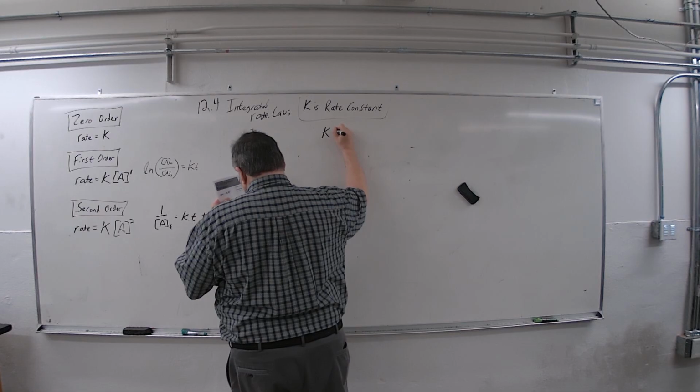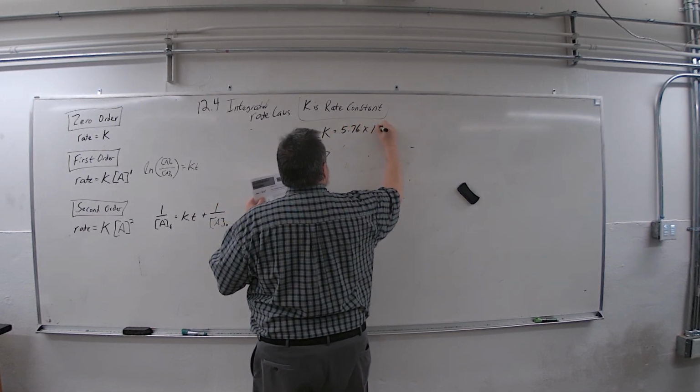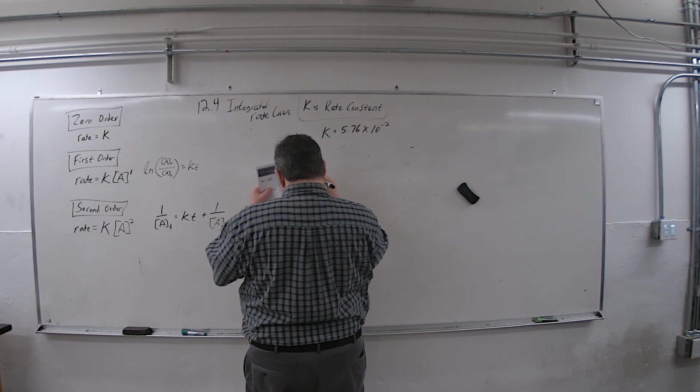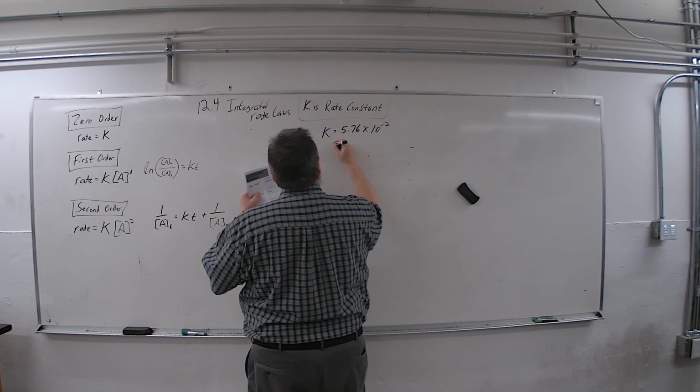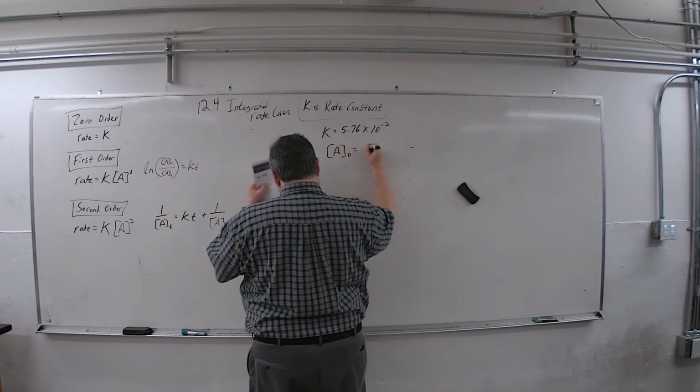Telling us the rate constant. Initial concentration of butadiene, I'm just going to call it A naught.